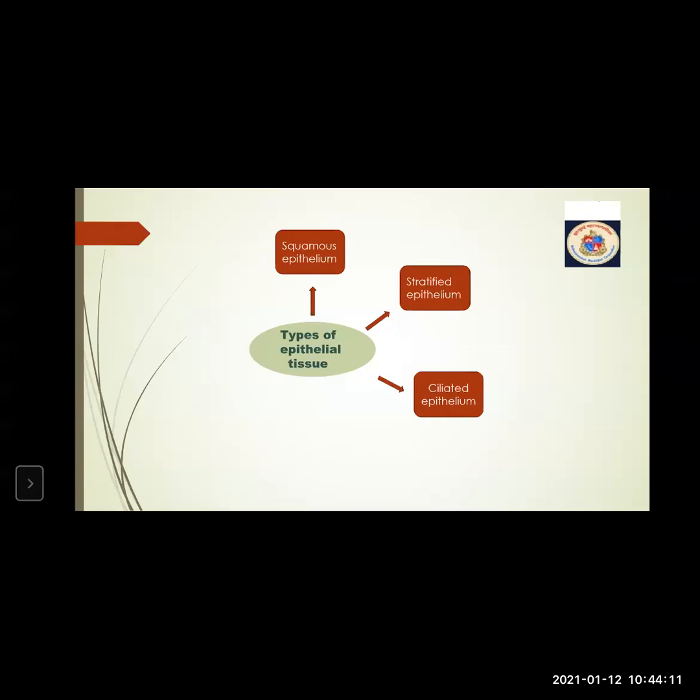Then the next is ciliated epithelium. These are specialized epithelial cells on the upper surface of which hair-like structures are seen, which are movable.